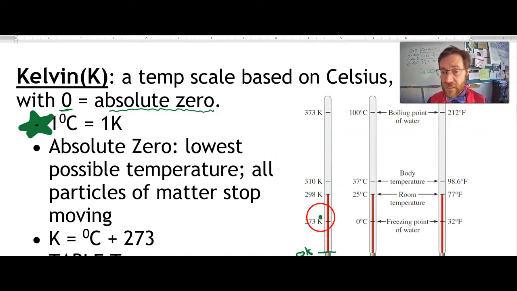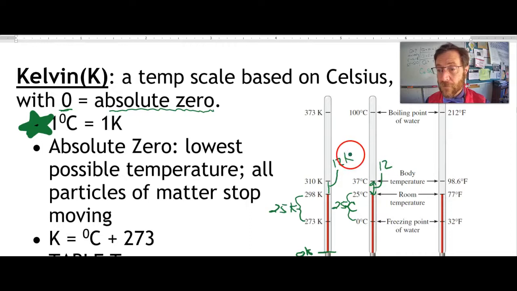So if you look over here at these thermometers, this difference is 25 Kelvin, and this difference right here is 25 Celsius. This is 12 Celsius, and this is 12 Kelvin. So a change in temperature of 12 degrees Celsius is exactly equal to a change in temperature of 12 kelvins.